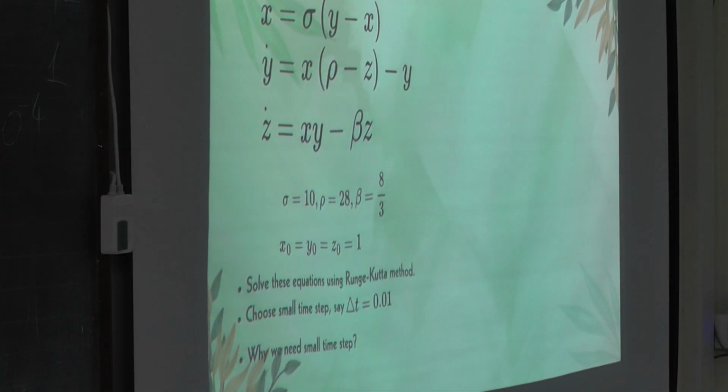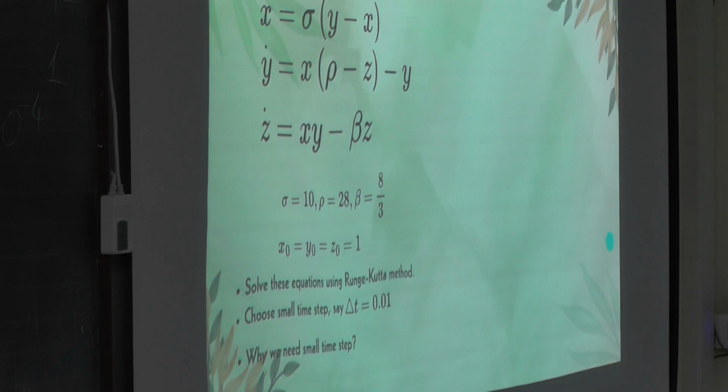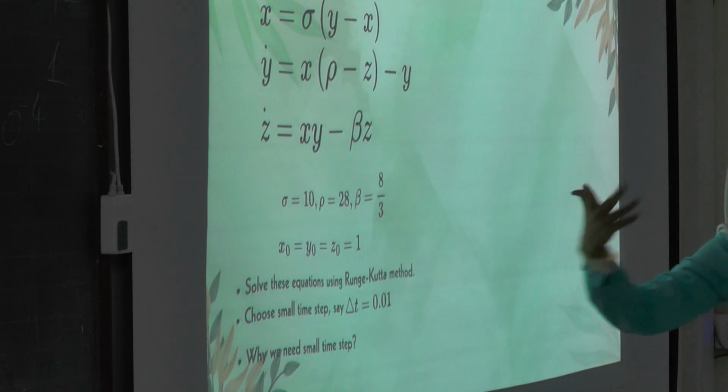I will also check my MATLAB. So you are giving the parameters and then the initial condition, and also you put in the time step. Maybe you can iterate it to 50 by using 0.01 or maybe 100 also, okay?